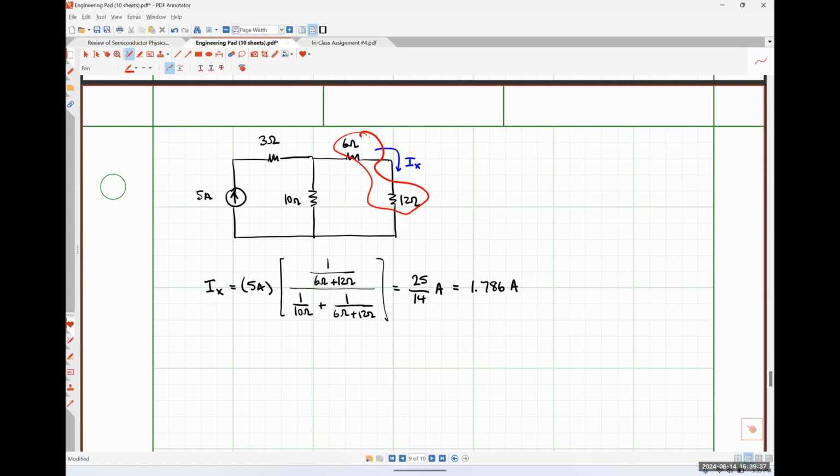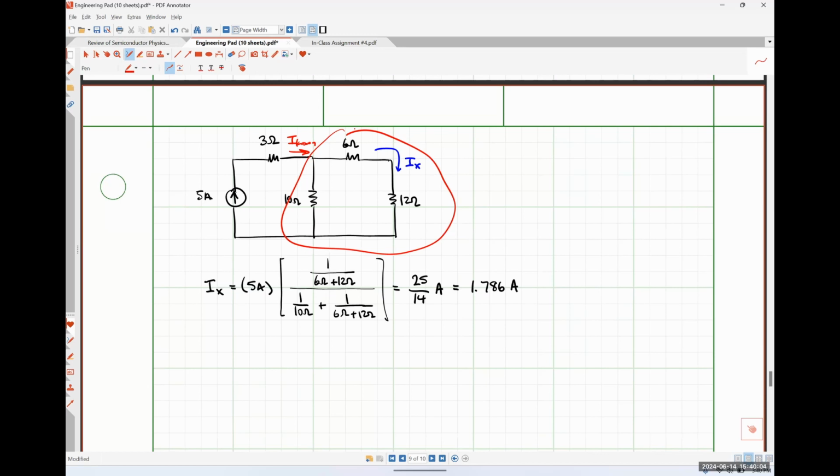Why do you ignore the 3 ohms? That is the exact question that I am expecting. Thank you, Ian. So why can we ignore the 3 ohm resistor? So let me erase this red blob here really quickly. I'm considering my known current to be this current right here that's entering this parallel combination of resistors.